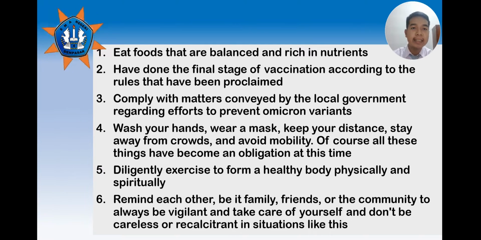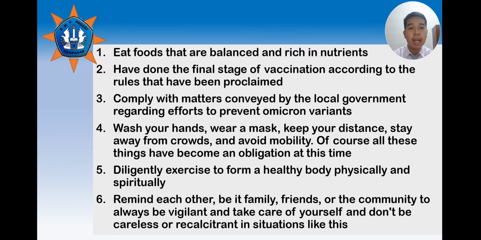The third is to comply with matters conveyed by the local government regarding efforts to prevent the Omicron variant. I think this is very important to fight the COVID-19 Omicron variant. The fourth is to wash your hands, wear a mask, keep your distance, stay away from crowds, and avoid mobility.